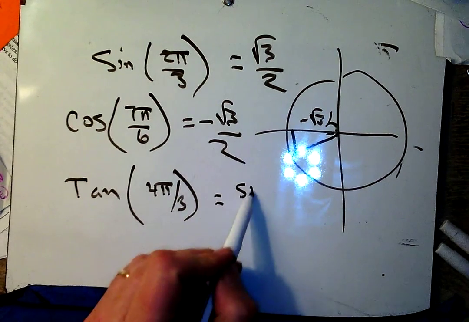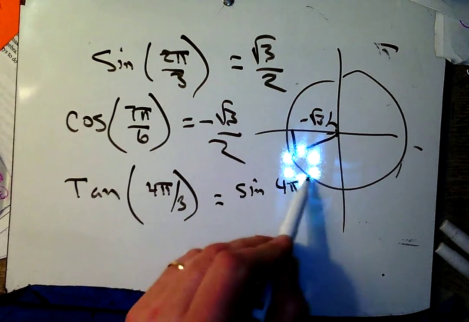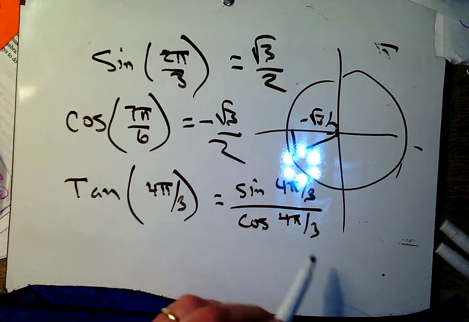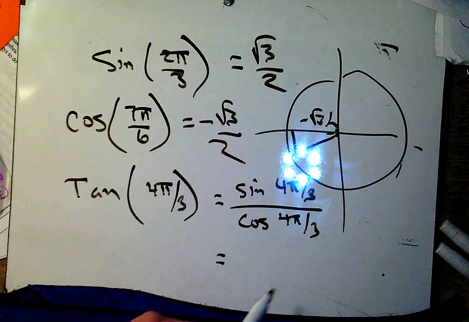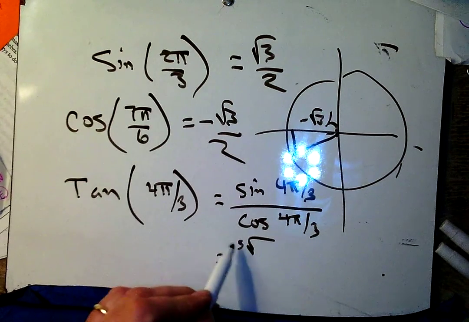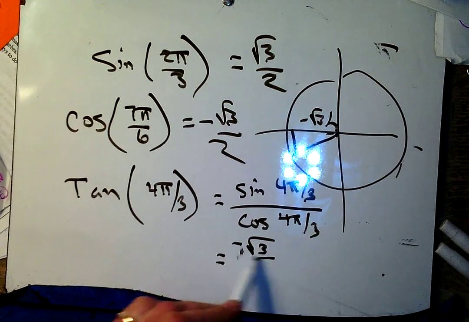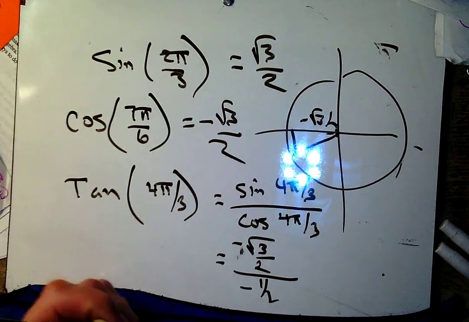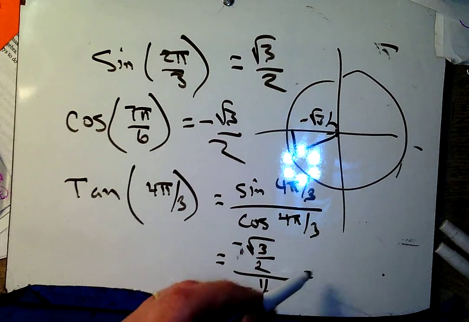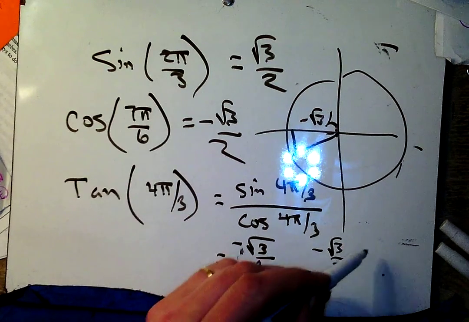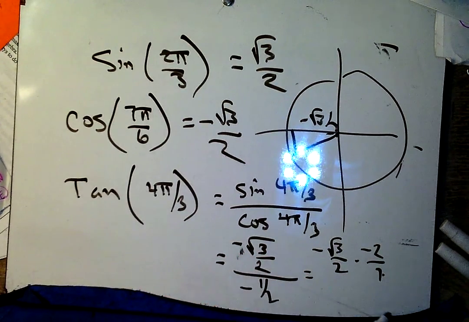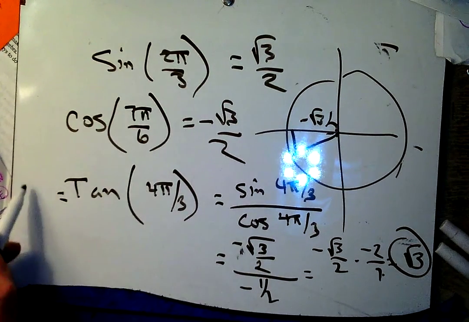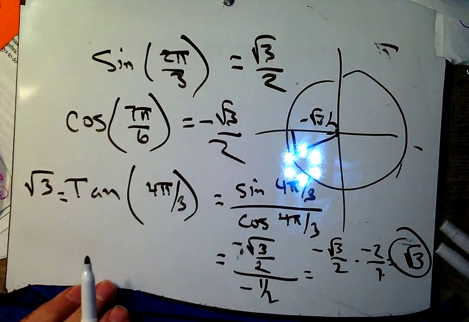So we know that's going to be the same as sine of 4 pi over 3 over cosine of 4 pi over 3. Well, the sine of 4 pi over 3 is negative root 3 over 2, and the cosine of 4 pi over 3 is negative 1/2. So if I do that flip and multiply, I end up with positive root 3. The tangent of 4 pi over 3 is positive root 3.